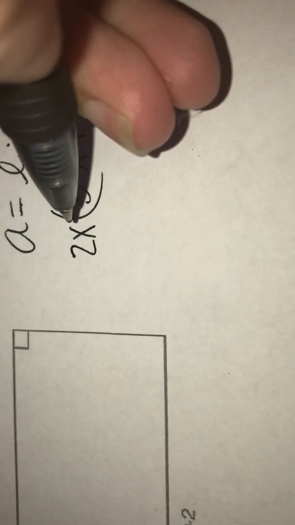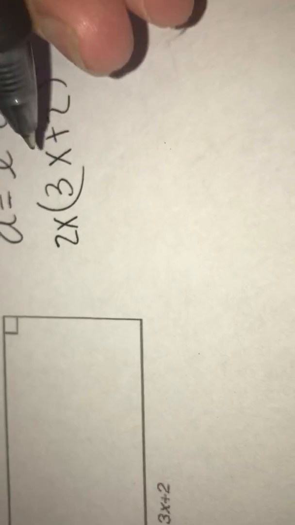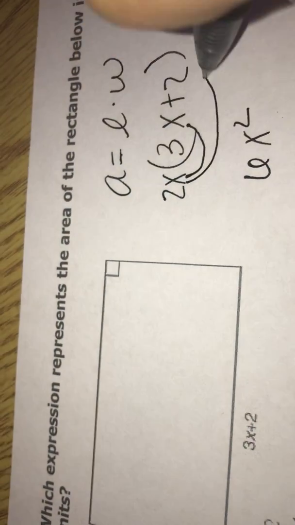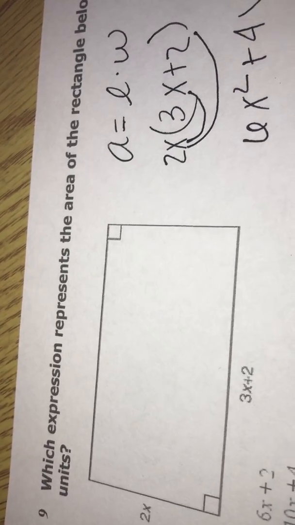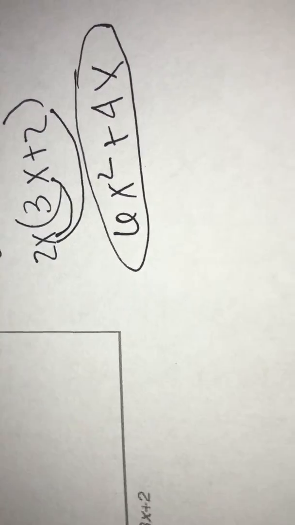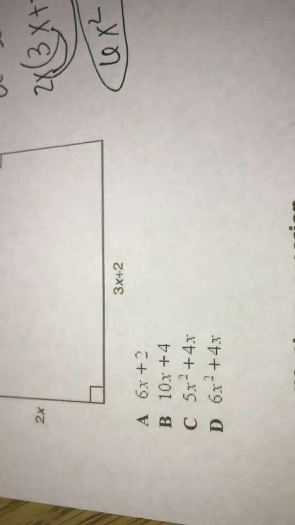And we're going to multiply everything in the parentheses by 2x. So 2x times 3x gives us 6x squared. And then 2x times 2 gives us 4x. And that is our answer. And that answer is D.